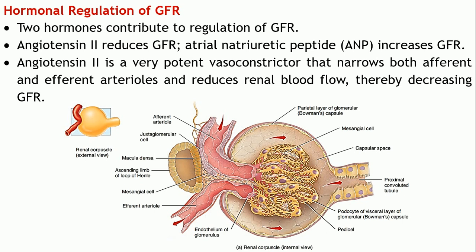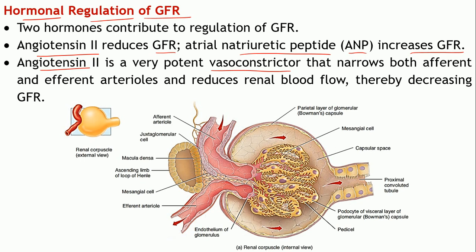And the next type of regulation is the hormonal regulation of the GFR. So there are two hormones which are involved in the regulation of the GFR, that is angiotensin 2, which helps in reducing the GFR, and the atrial natriuretic peptide ANP, which increases the GFR. Now let us see how it is increasing or decreasing the GFR. The angiotensin 2 is actually a potent vasoconstrictor.